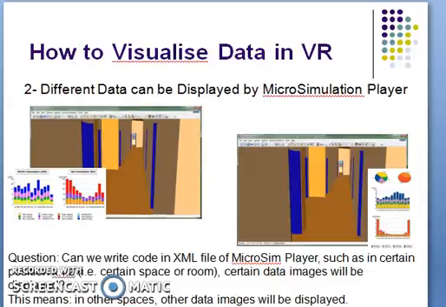Another option, which is option 2: inside each space by itself, we can visualize and present different data. For example, here we can say this is a solar radiation analysis. We can have another analysis regarding maybe shading and daylighting, or acoustics or whatever.